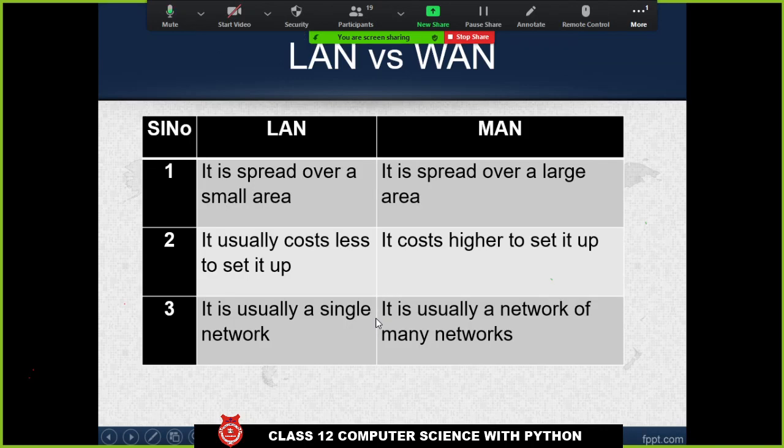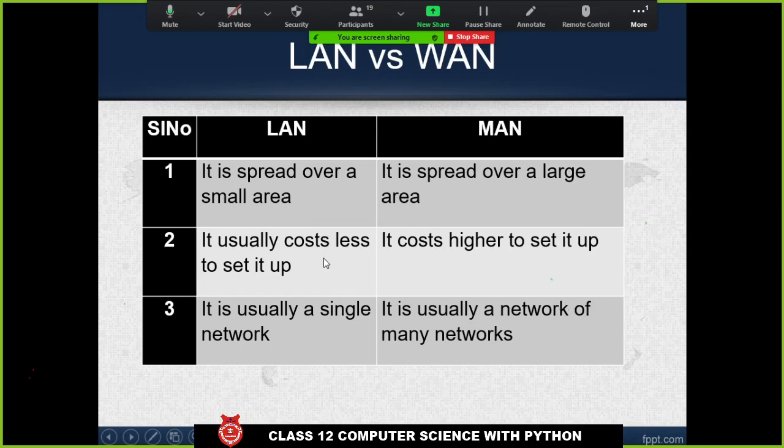Now let's quickly compare local area network and metropolitan area network. Local area network spreads over a small area, and metropolitan area network spreads over a large area.